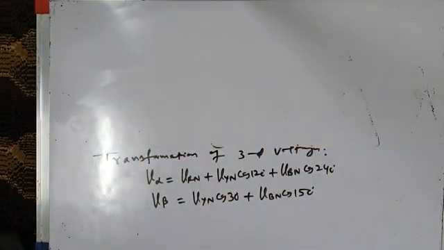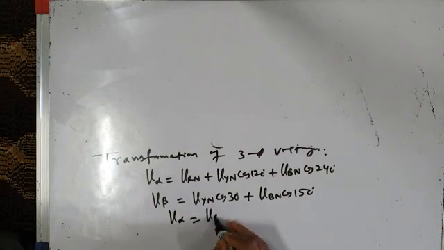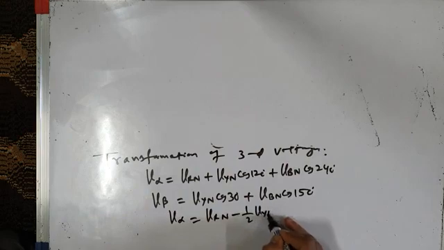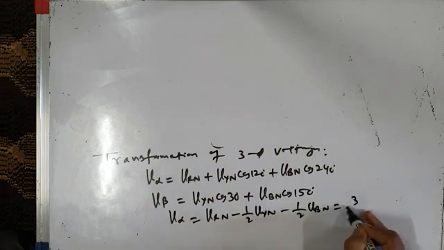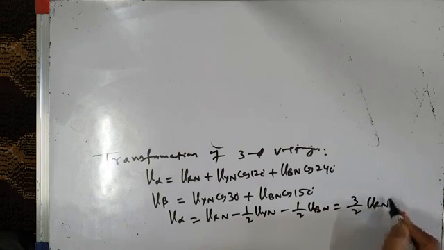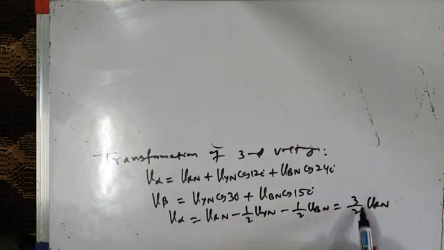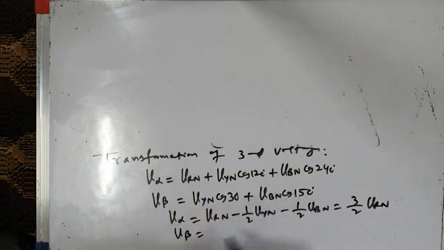Okay, and V alpha will be given by Vrn plus minus 1 by 2 Vyn minus 1 by 2 Vbn. That is equal to 3 by 2 Vrn. Just like I alpha is 3 by 2 IR, V alpha is also equal to 3 by 2 Vrn. And V beta is equal to root 3 by 2 Vyn minus root 3 by 2 Vbn.